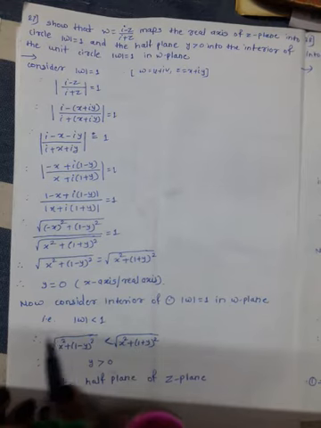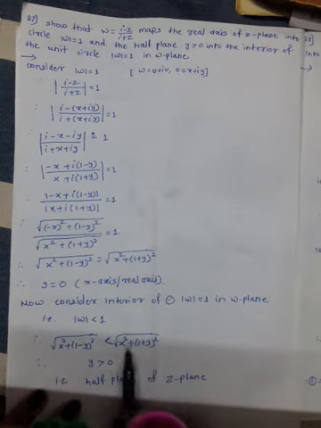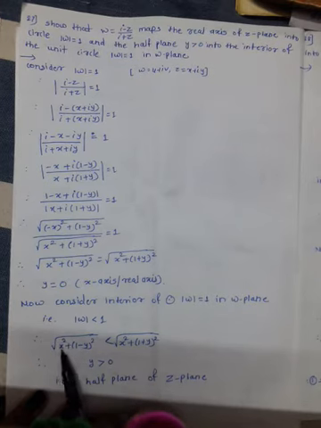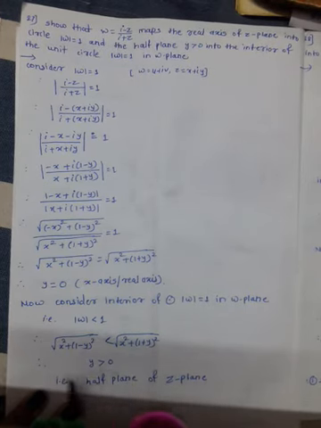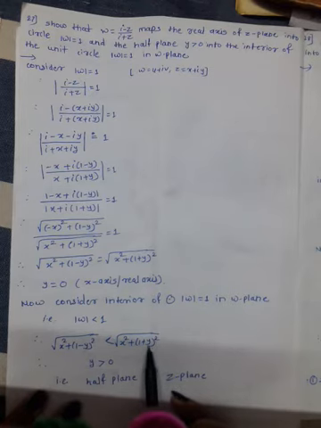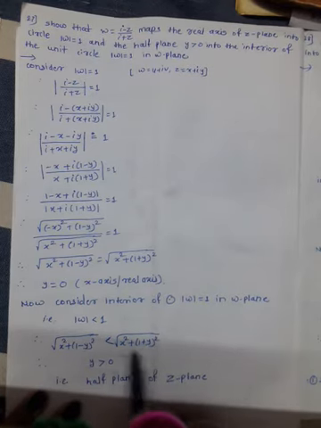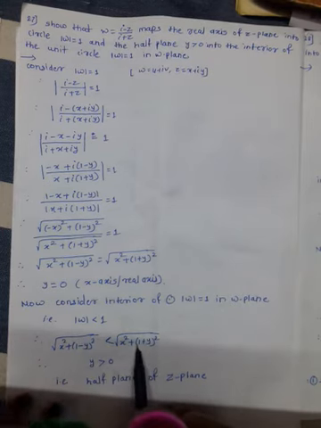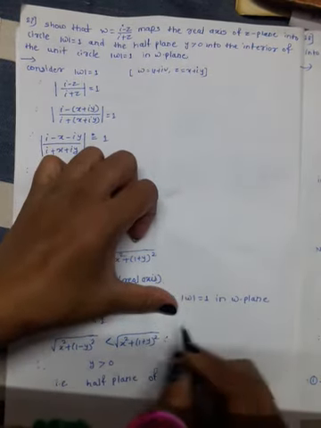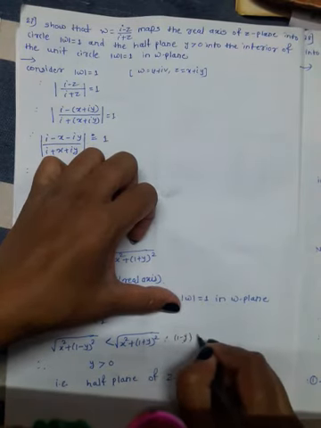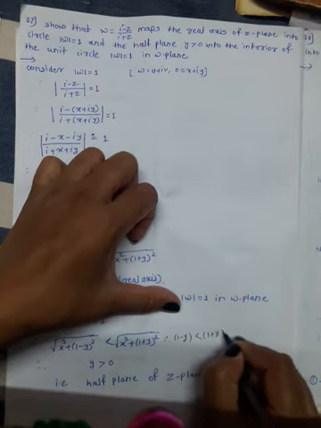Now observe this term. This is less than this term. See, root is the same, x square is the same, 1 is the same, only here minus y is there and here y is there. To make this term greater than this term, that means here 1 minus y should be less than 1 plus y.